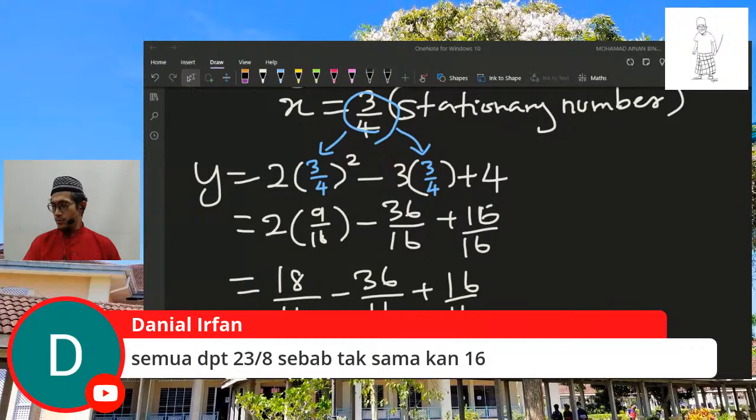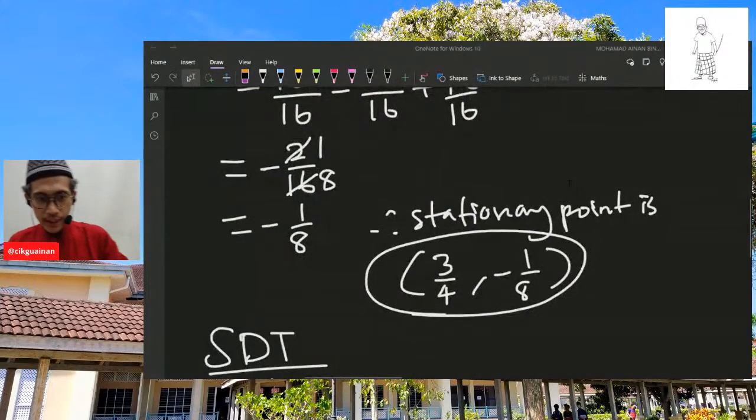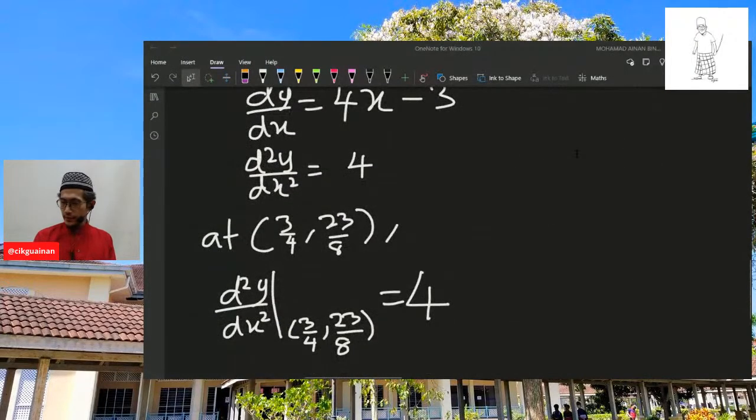Everyone got 23 over 8 because they didn't make the denominator 16. I'm not sure, but I think I calculated correctly already. Are you guys using the black calculator? If you're using the black one, you might face a problem.